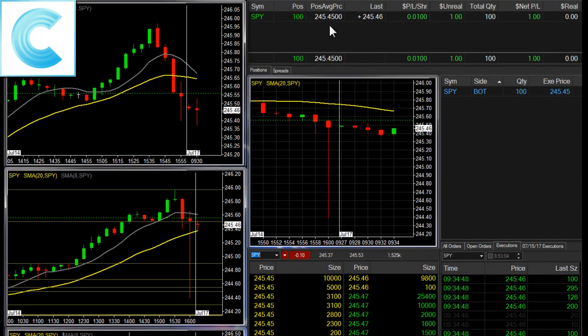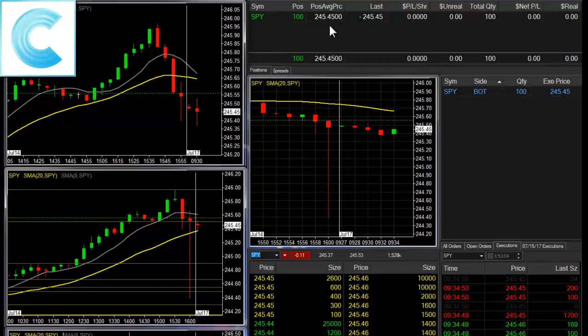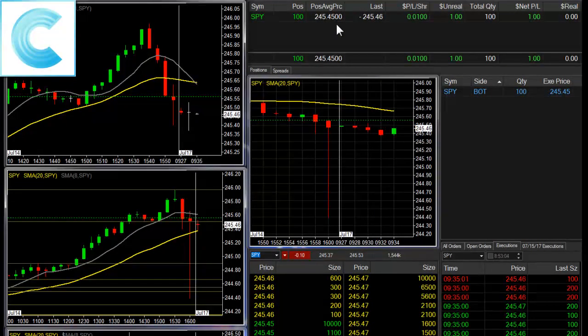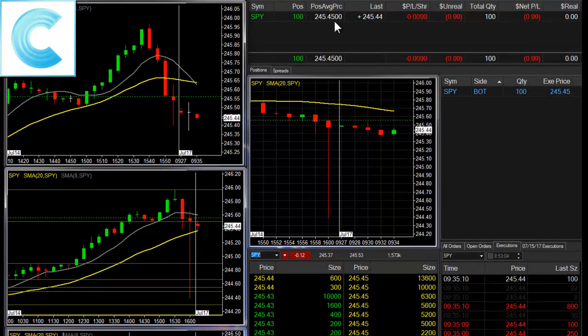As you can see up here in the positions window, I'm in at 245.45, and I'm currently sitting at break even. And of course, if it goes much below this, perhaps 245.42, 245.43, around that range there, I'll consider getting out in order to minimize risk and maximize reward.